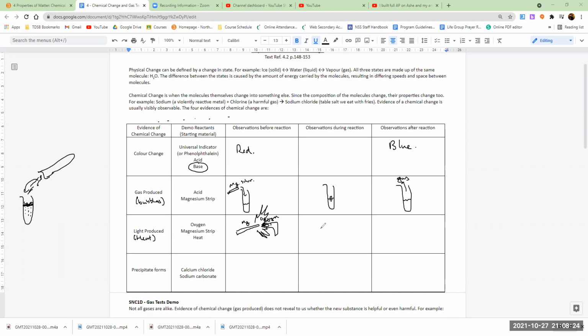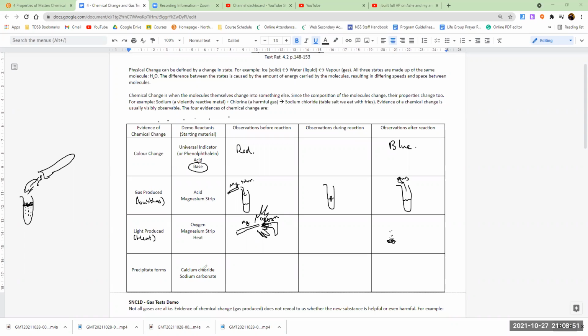It was very bright, very white and silvery, and if you look directly into it, your eyes were momentarily paralyzed and you would see spots if you blink, if you know what I'm talking about. Okay, and that was during the reaction. And after the reaction, the metal strip simply turned into a white ashy compound that was just sitting there on the table. Okay, it was just white ash.